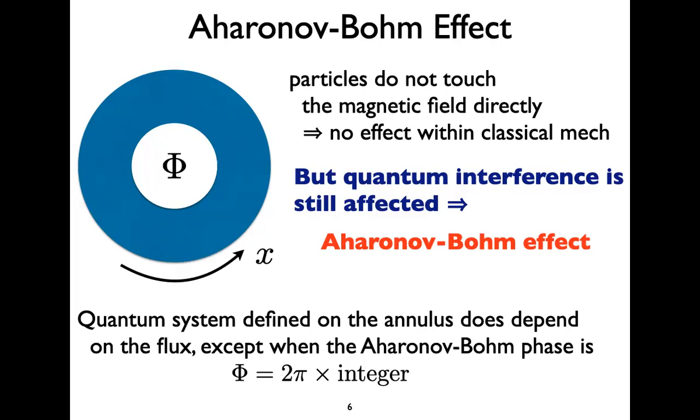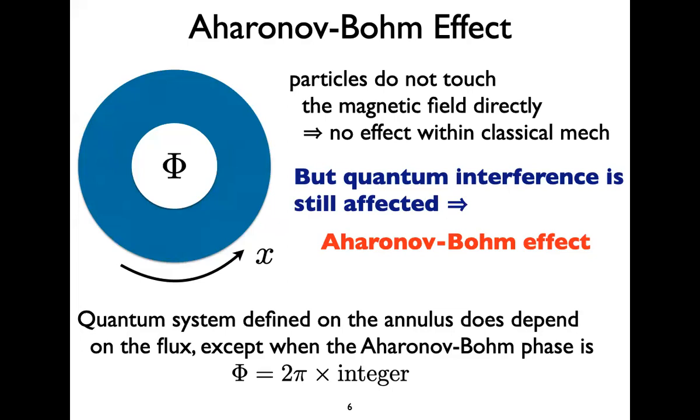It's a famous story, but in the presence of a vector potential, when a particle moves counterclockwise, or moves clockwise and meets at the same point, they acquire different quantum mechanical phases. That phase difference is proportional to this flux. So even though this magnetic flux does not touch electrons directly, quantum mechanical particle motion is generally affected by this flux.